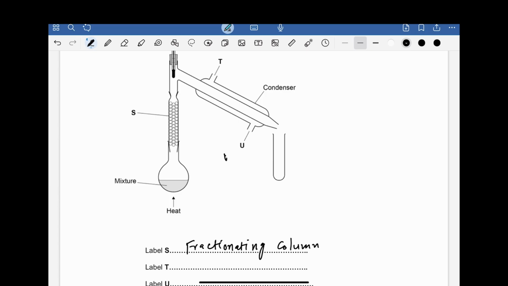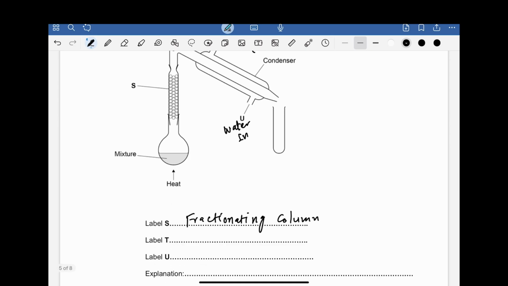So U is cold water in, and in the condenser at position T, hot water out. Okay, so we can write down T is water out and U is water in.